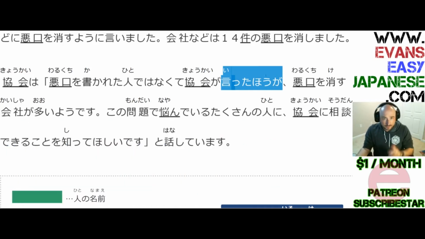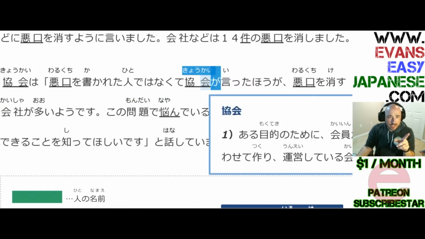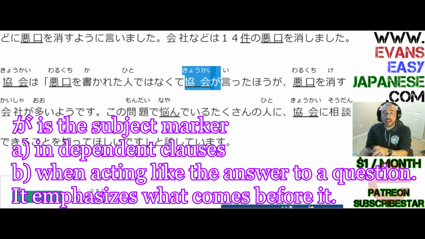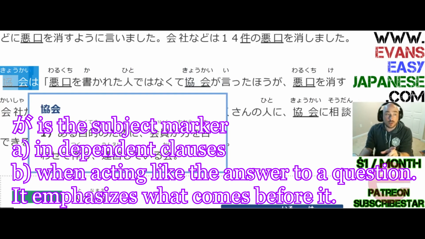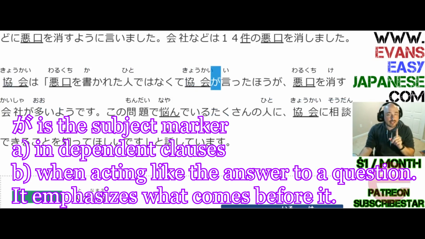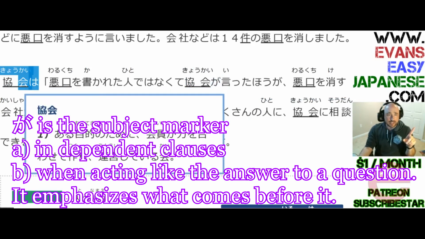One more thing. Notice how we have a ga after kyokai. This should be a wa under normal circumstances. And the reason why it's a wa is not because there's a wa here. Or sorry, the reason why this is a ga is not because of this wa right here.